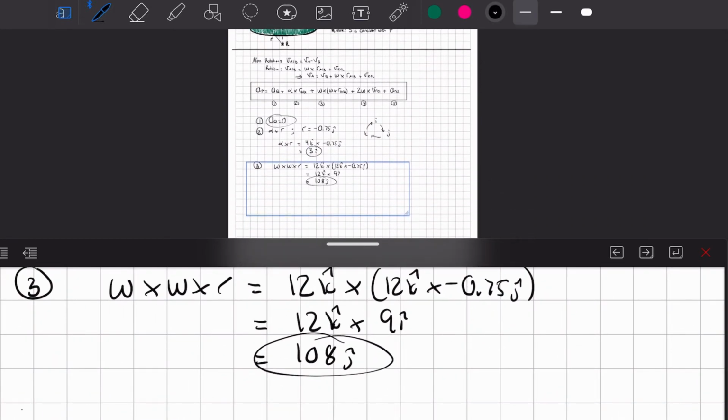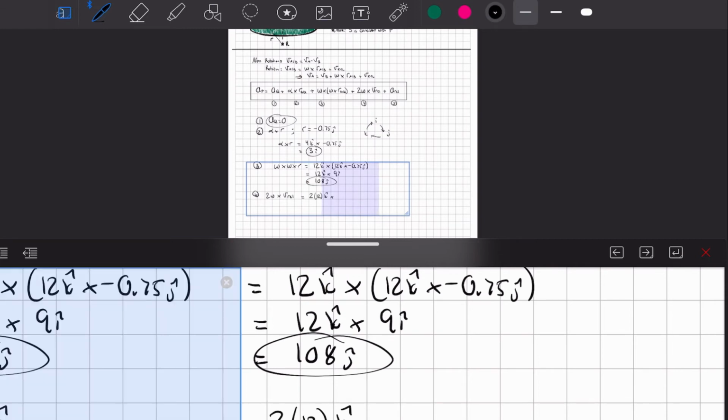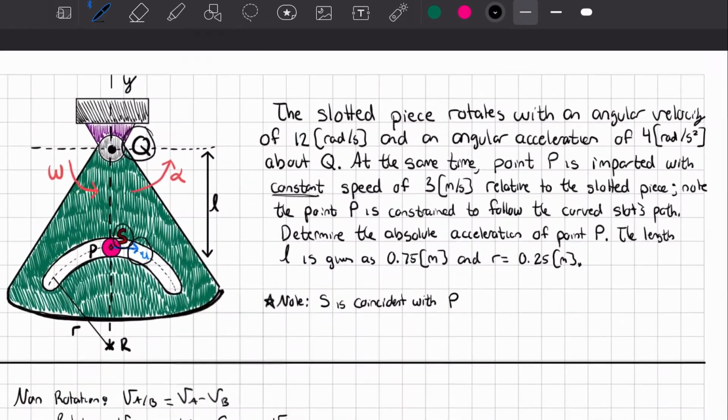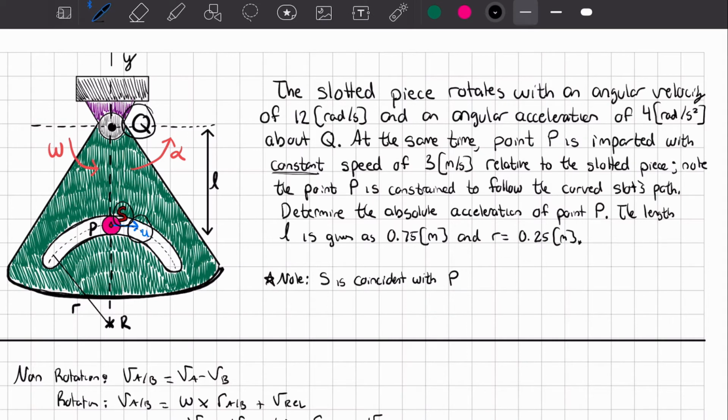Moving along. So for 4, now we're on the Coriolis acceleration. We have 2 omega cross v rel. And so that's just going to be 2 times 12 k hat cross... okay, so what's this v relative term? We can see here that we imparted point P with a constant speed of 3 meters per second.